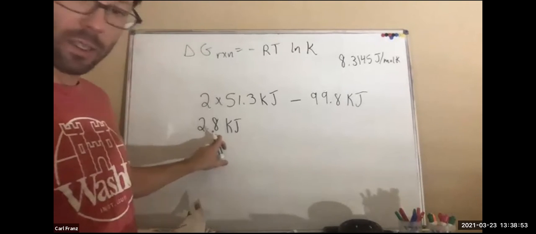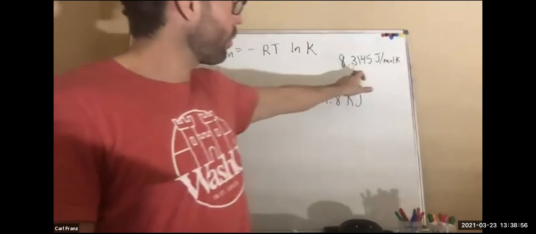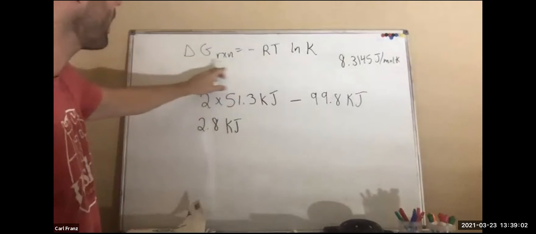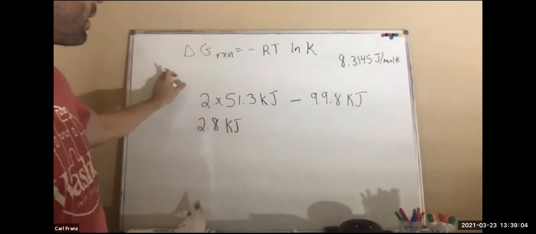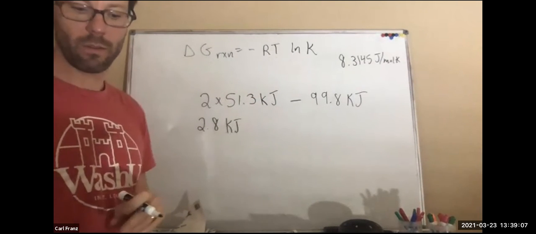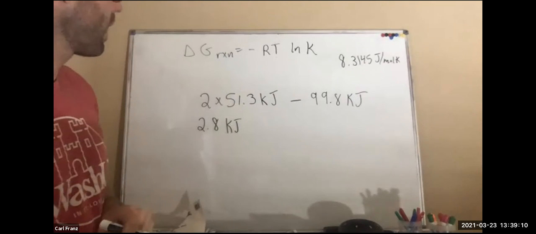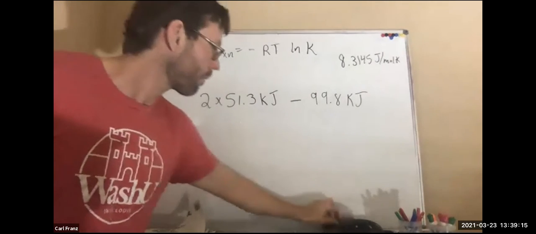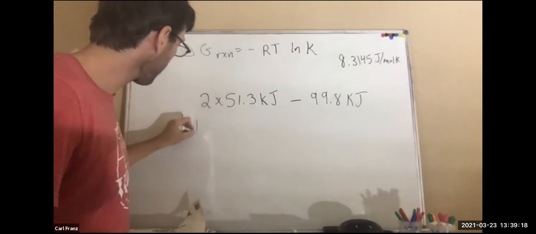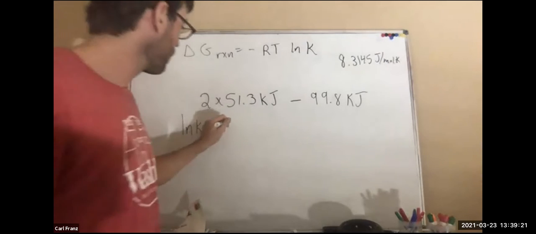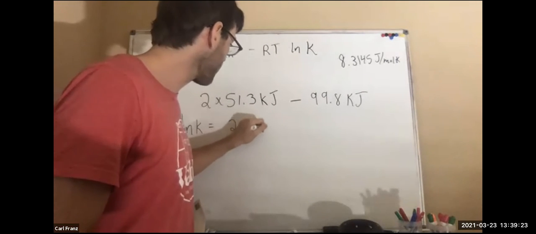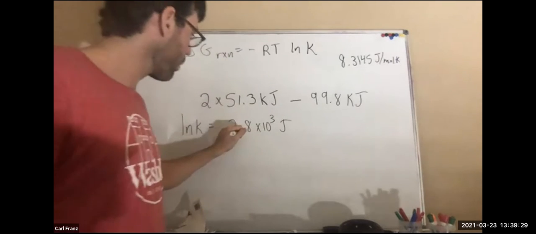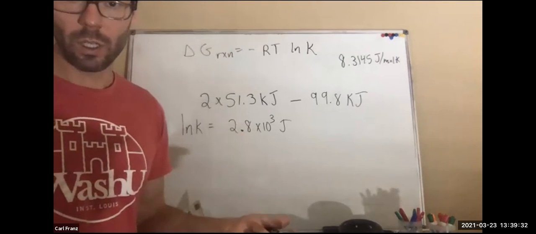So we have this. Now, remember, our units for R are joules per mole. So if we rearrange this equation to get K by itself, we could say that the natural log of K is equal to 2.8 times 10 to the 3 joules, right? I took that 2.8 and I just converted it from kilojoules to joules.